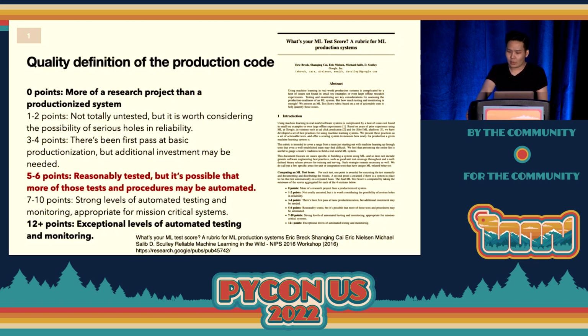An ML system scoring from 7 to 12 plus is a product a few years after being deployed in the production environment. The target goal of the 4 steps I suggest in this talk is a product scoring from 5 to 6. That means reasonably tested, but it's possible that more of those tests and procedures may be automated.